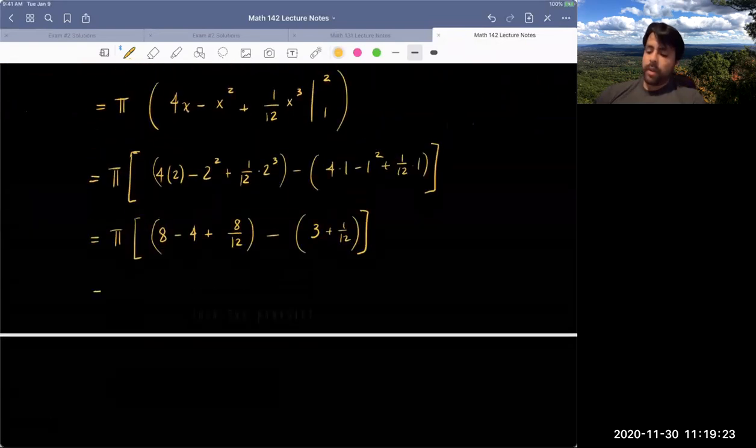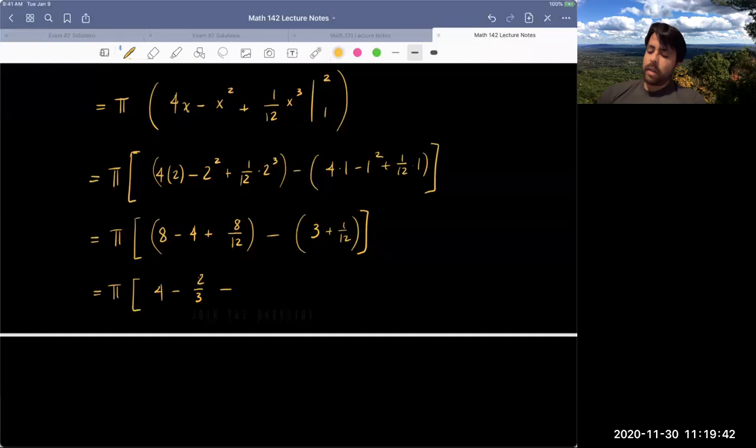Now we love fractions, don't we? This becomes pi times 4 minus, this reduces to what? Divide this by 4, pardon me. And so we can reduce this, and I get 2/3 minus 3 minus a 12th. 4 minus 3 is 1, and then I can subtract 2/3. Actually, I should have just left it as 8/12.